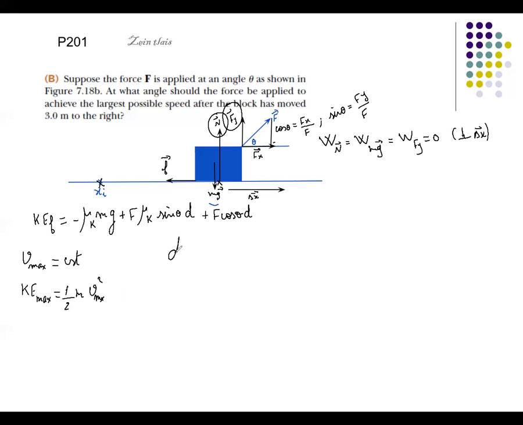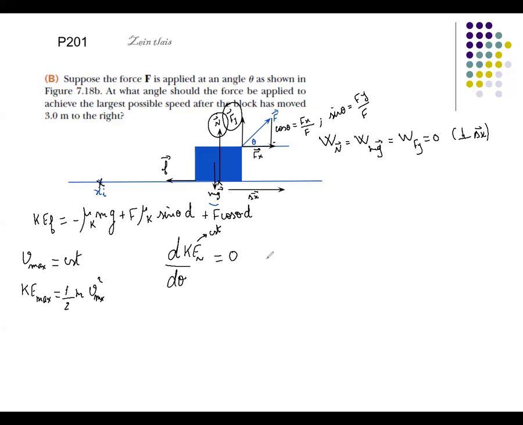The derivative of the kinetic energy in terms of theta must be equal to 0, because this value is constant. The derivative of any constant equals 0. Like this, we can calculate the angle theta.